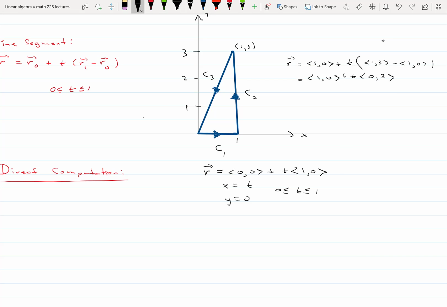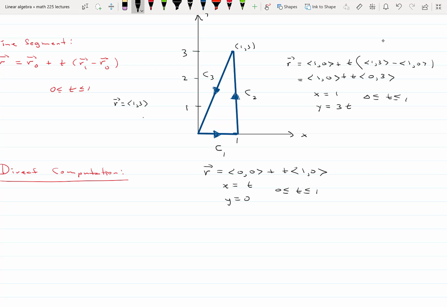So if I break this up into components, I get x equals 1 plus 0t, and y equals 3t. Again, t ranges between 0 and 1. Of course, I have to do the same thing with C3. So C3 is R equals, the initial R value, R naught is 1, 3.